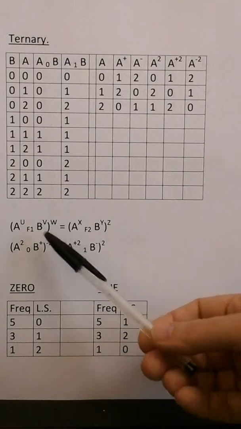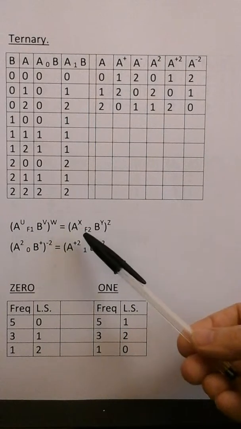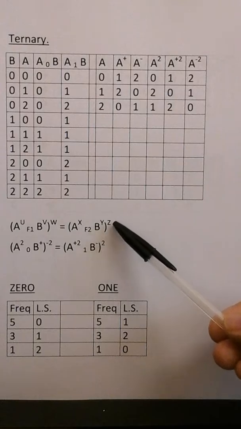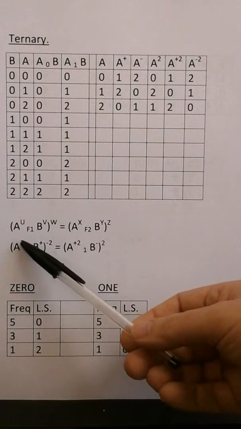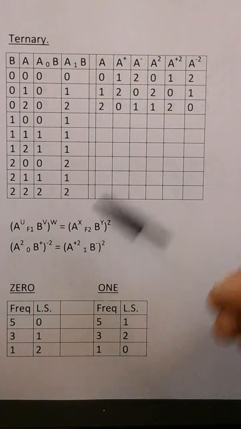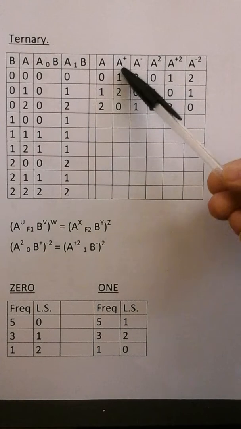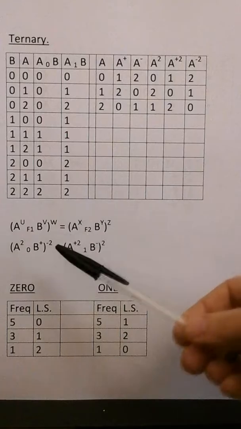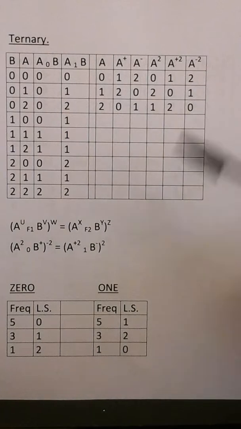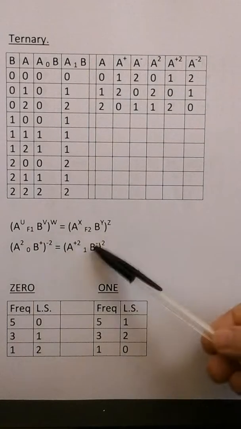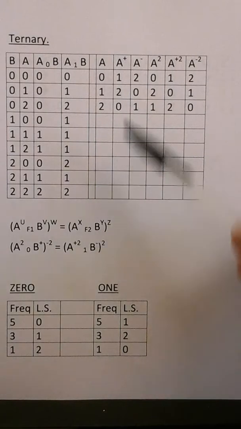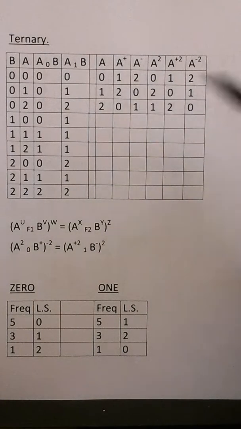AU F1 BV to the W equals AX F2 BY to the Z. So A to the U is A squared, which is this one here. B plus is this function here. A minus 2 is this function here. A plus 2 is this function here. B minus is that function there, and squared is that function there.